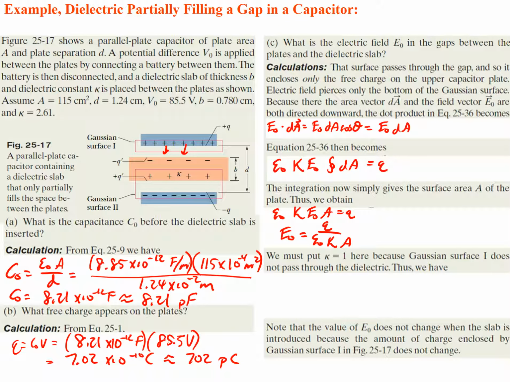So if we just make it 1, our result ends up being E naught is equal to Q divided by epsilon naught A. This is just rewriting the equation.